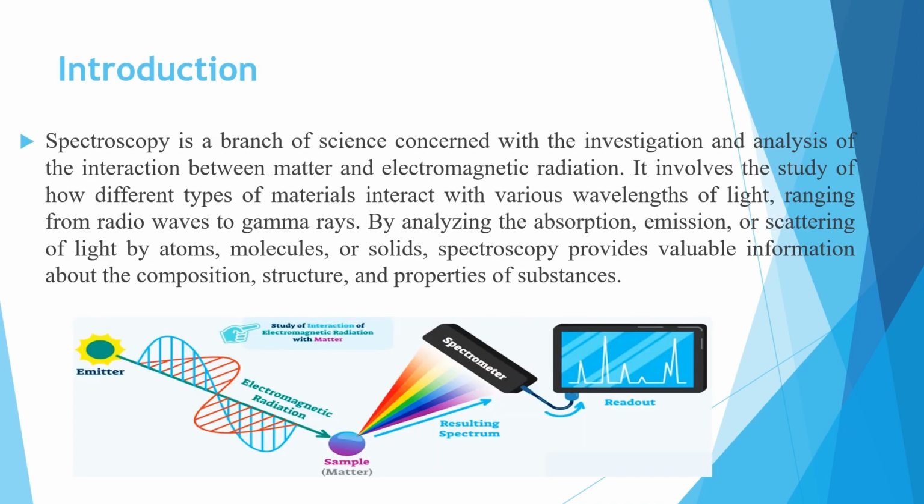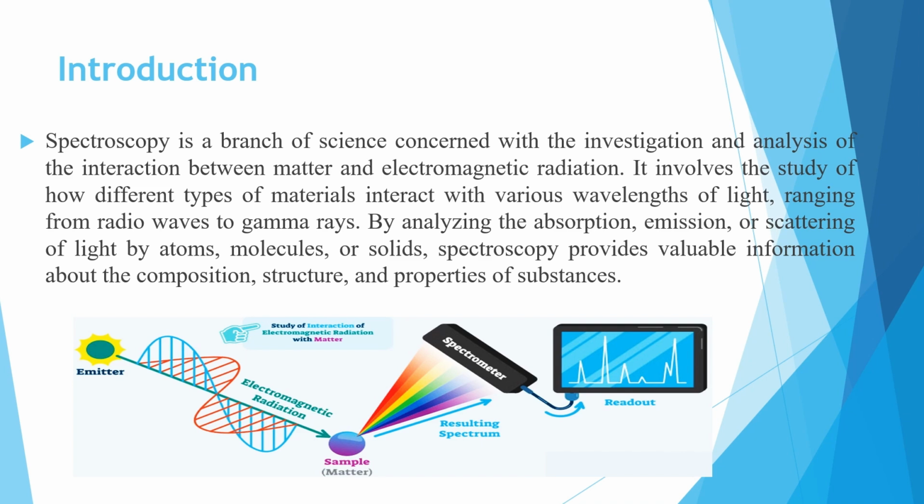Introduction. First of all, we need to know what is spectroscopy. Well, spectroscopy is a branch of science concerned with the investigation and analysis of the interaction between matter and electromagnetic radiation, or we can call it light. It involves the study of how different types of materials interact with various wavelengths of light, ranging from radio waves to gamma rays.